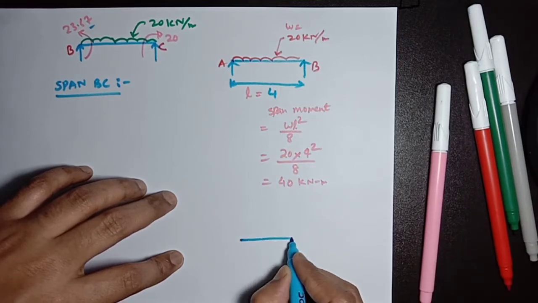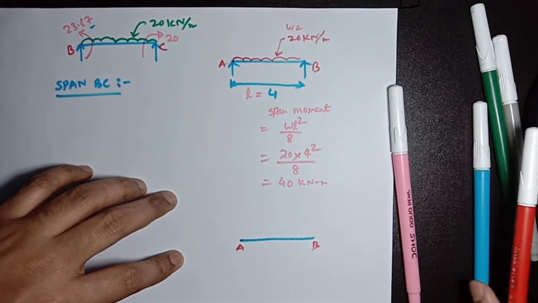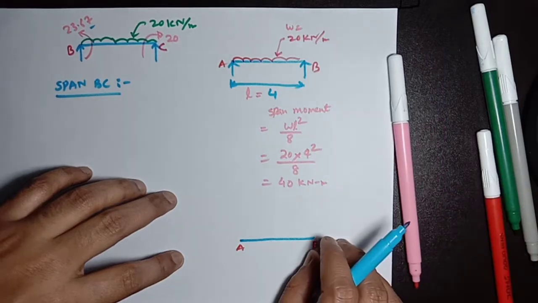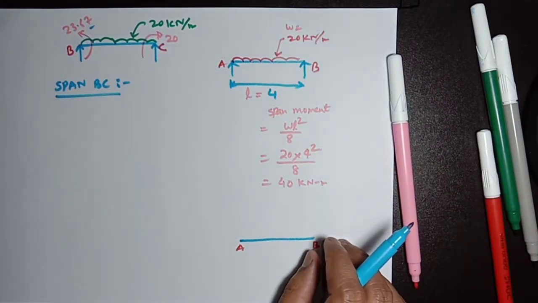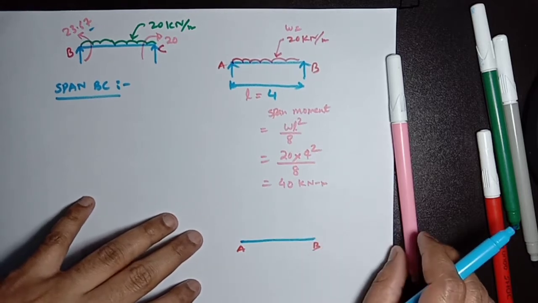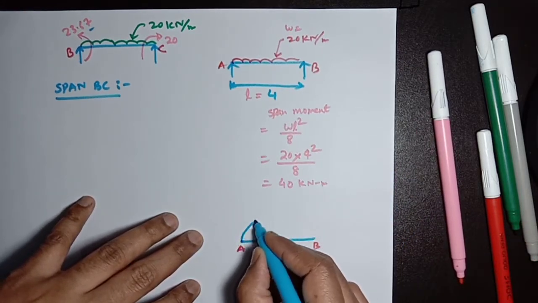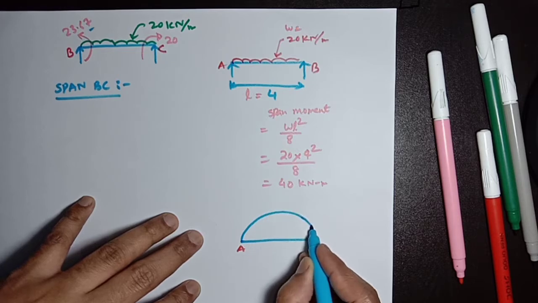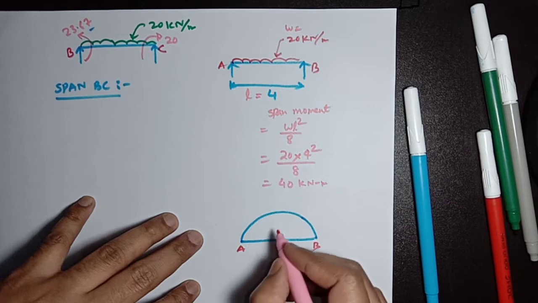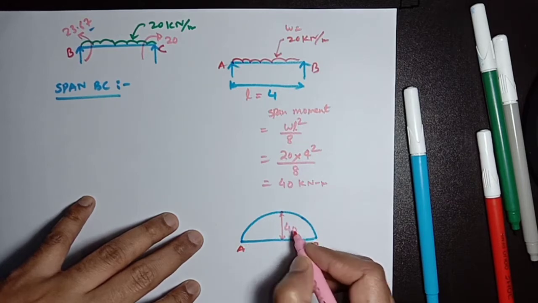This is the beam, and as you have analyzed a determinate beam, for a simply supported beam the profile is parabolic in nature, so its bending moment will be of this shape, and maximum bending moment as I have calculated here is 40 kilonewton meter.